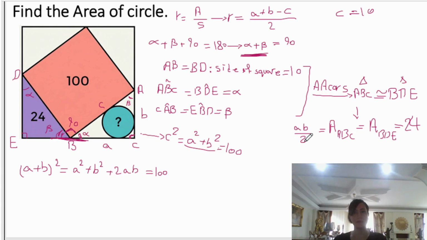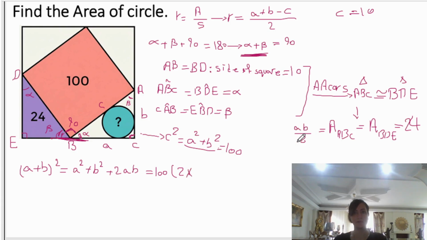That's it. I said a times b divided by 2 gives me 24. So ab would be twice the 24. So I say 2 times 24, ab would be 48.